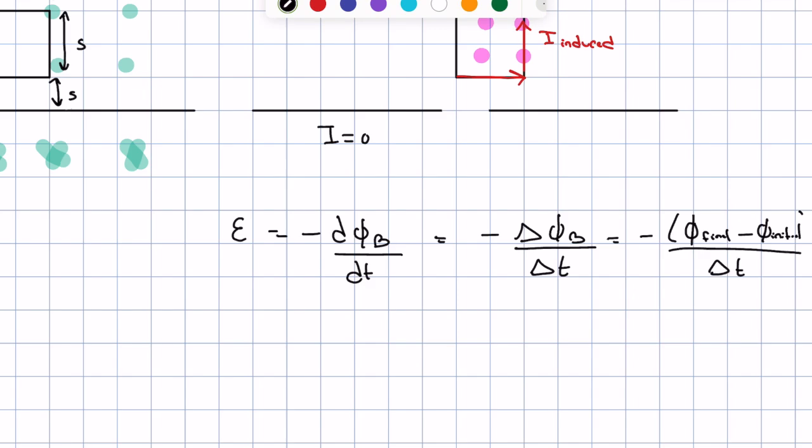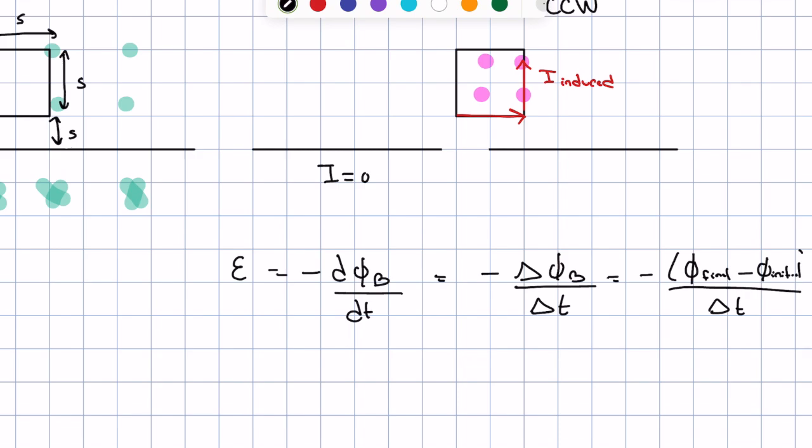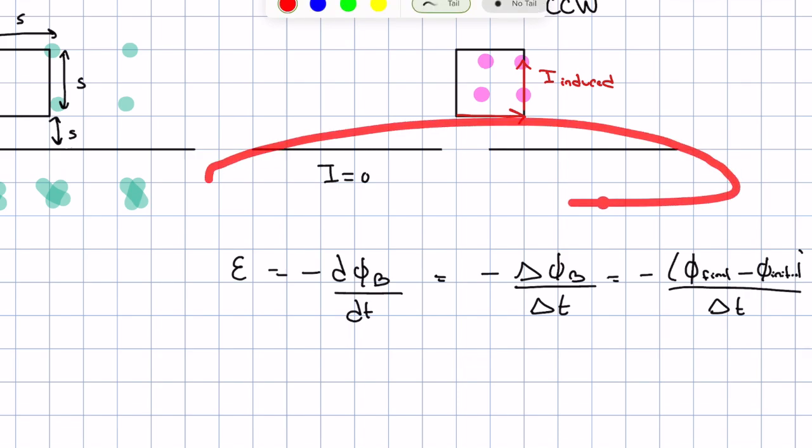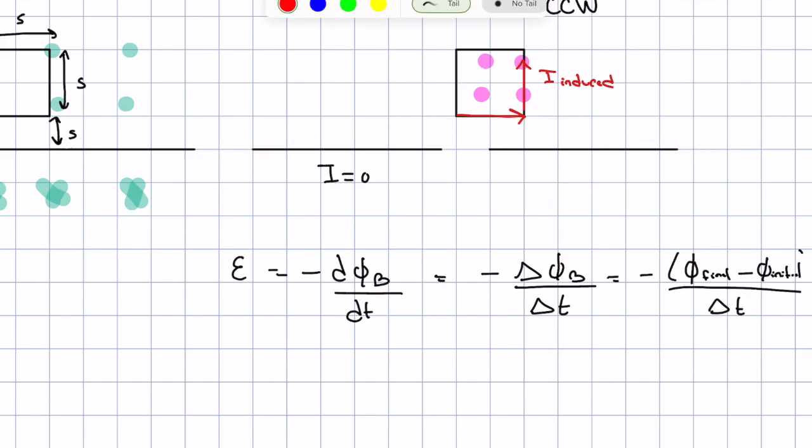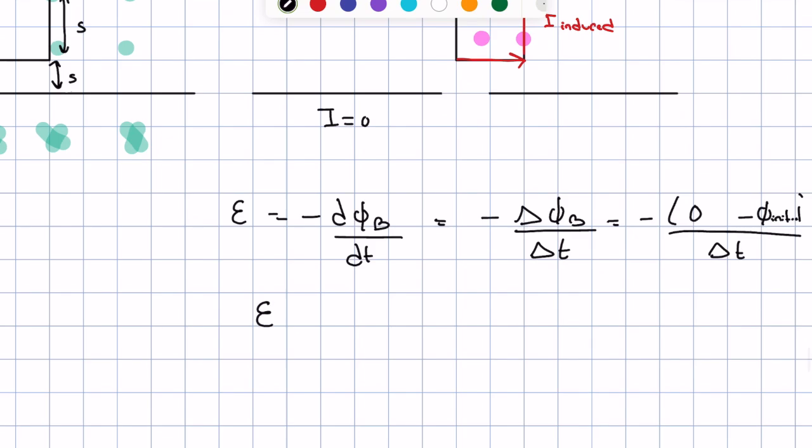Remember that once we cut it, there is no external flux because there is no more current here. So phi final is just going to be equal to 0. So 0 minus, we have a minus sign and a minus sign. That means the induced EMF is equal to phi initial divided by delta t.